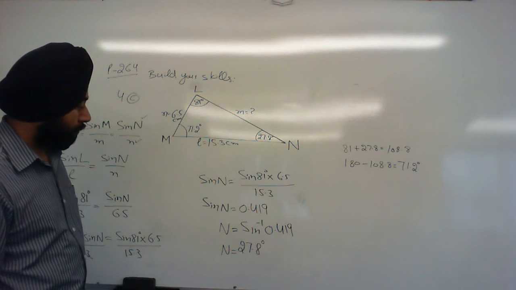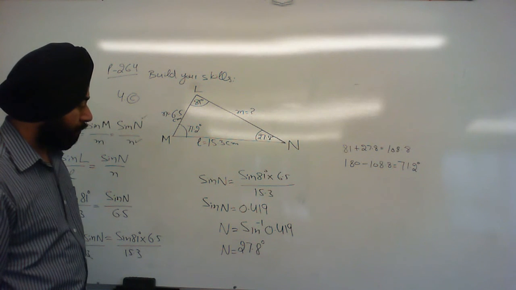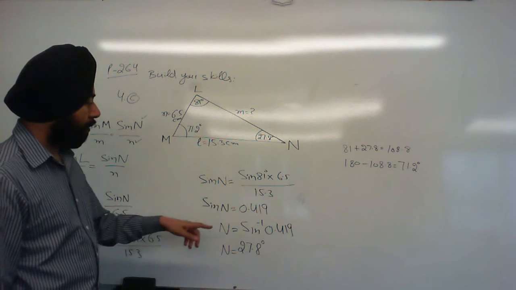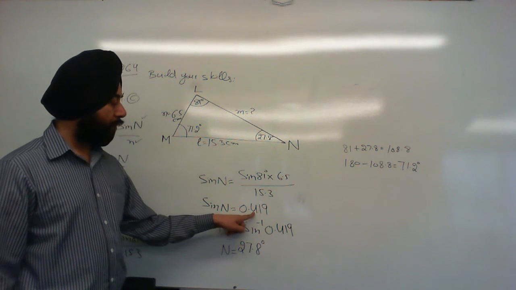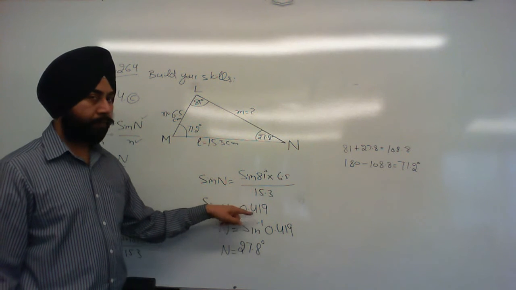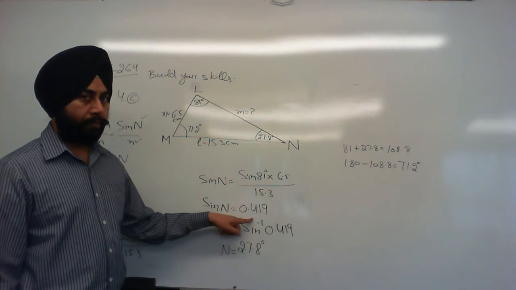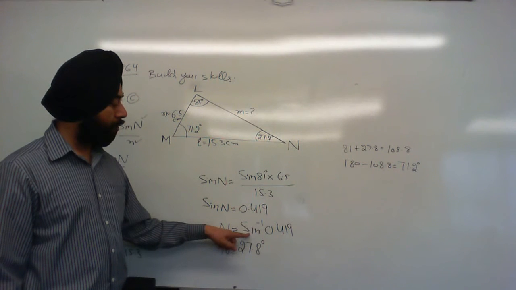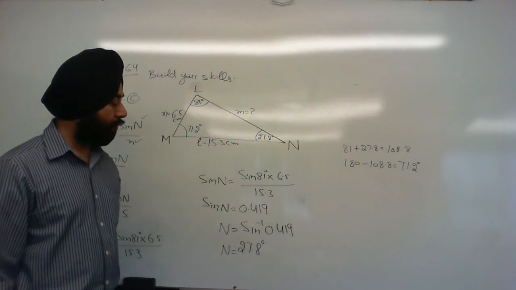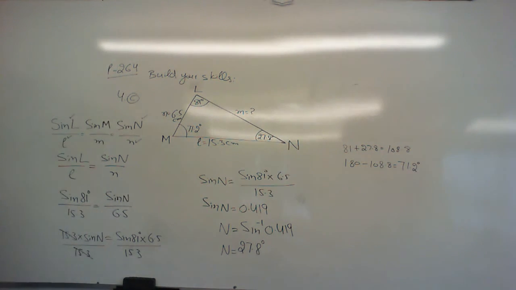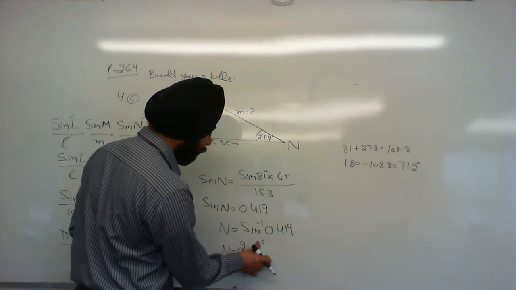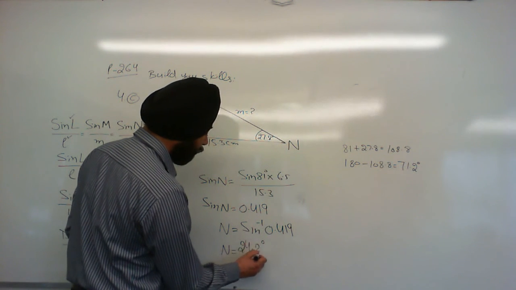But I got a different answer over there. N is equal to 24.77. Really? Well, Stephanie, did you also get 0.419 for this? Yeah. Okay, do this again. What is sine inverse 0.419? 24.77. Oops, I said 27. 24.8, right?